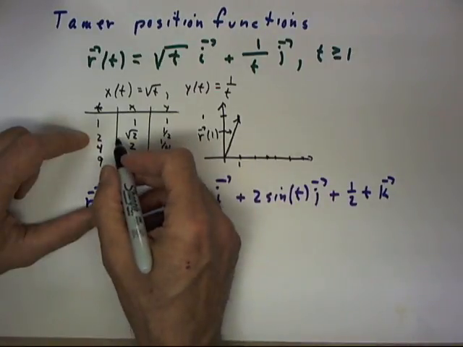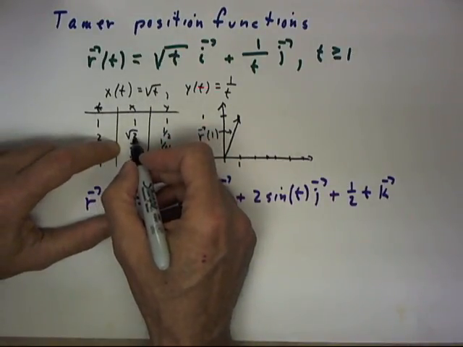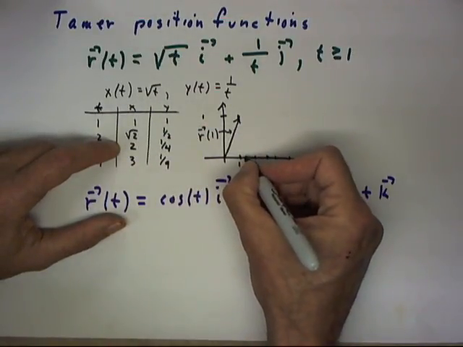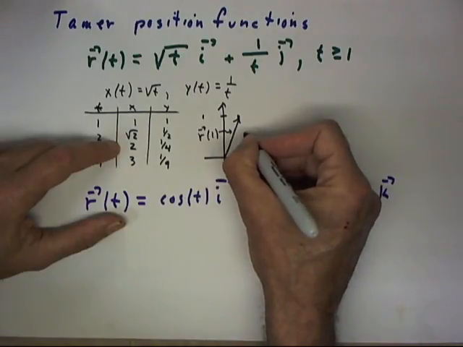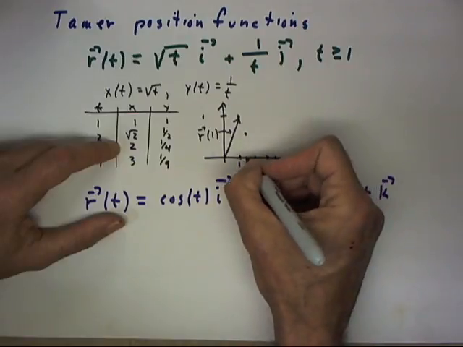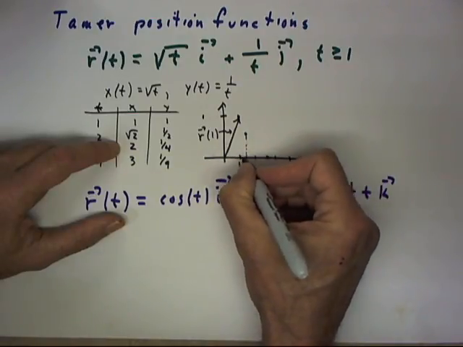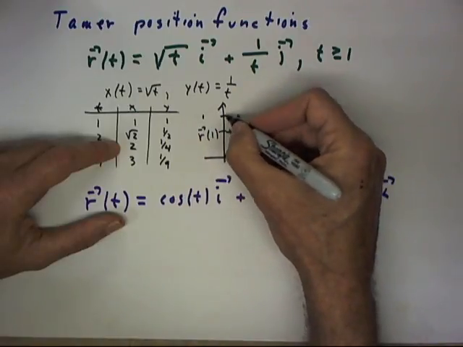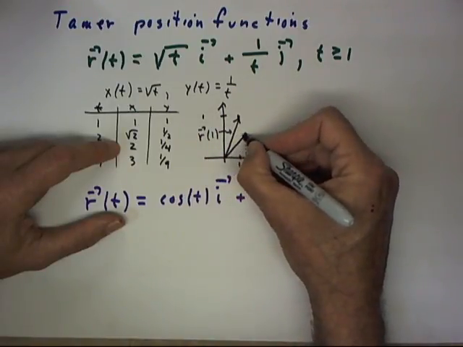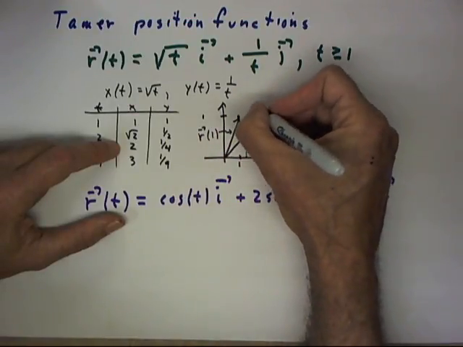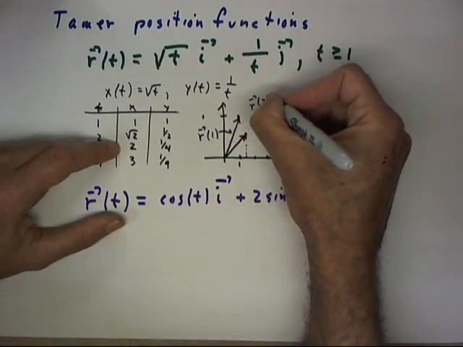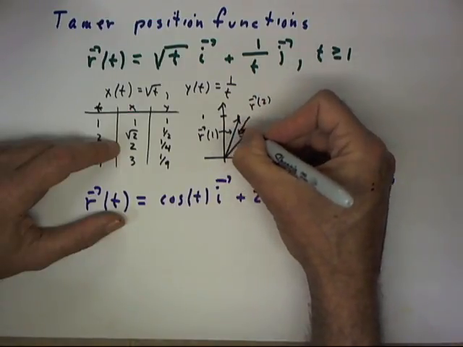At the point t equals 2, x is the square root of 2, which is about 1.4, and y is going to be 1/2. That's going to put us at a point about here, projecting down to almost halfway between 1 and 2, and half as high as the x equals 1 point. So this would be our r of 2 vector.